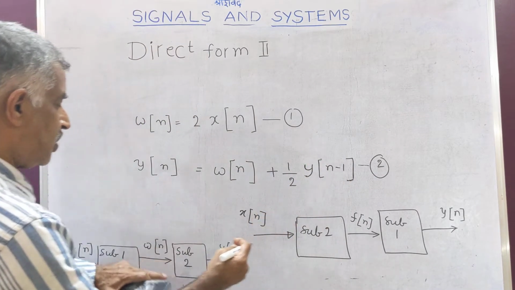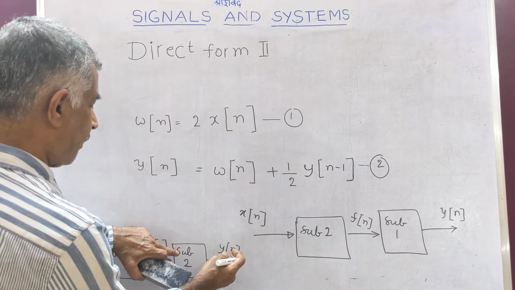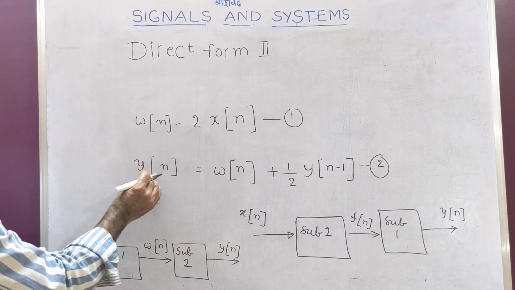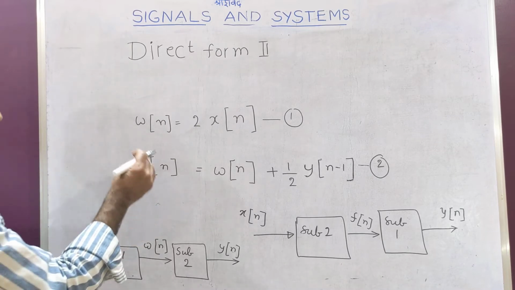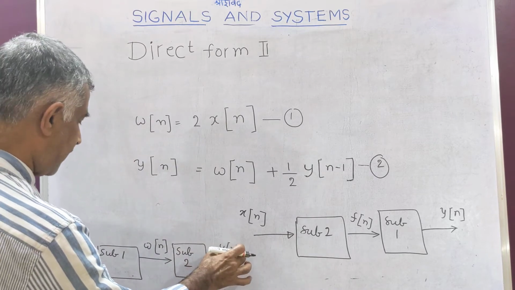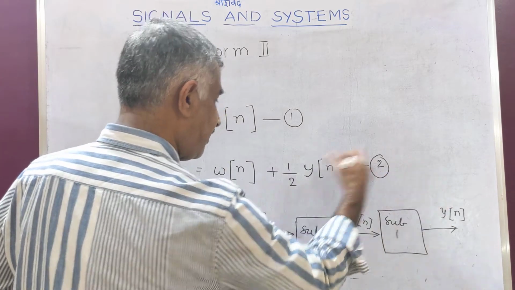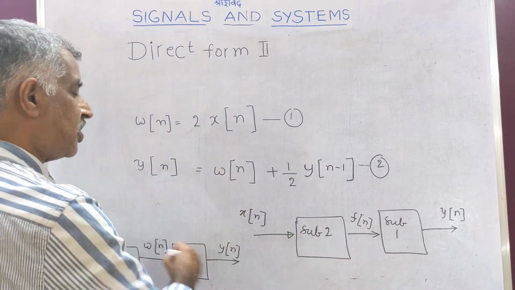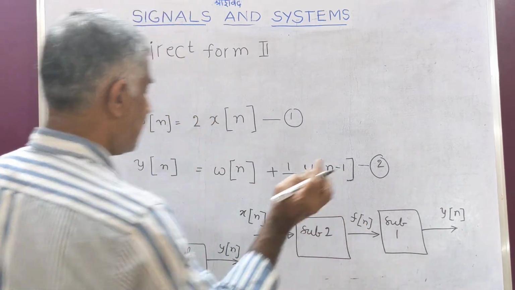Now the position has been altered. Now subsystem 2 has come over here. What will you write for y of n? Earlier y of n was here. Now this position is being taken up by f of n.